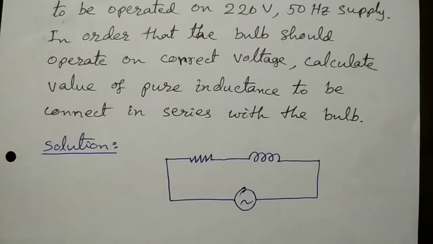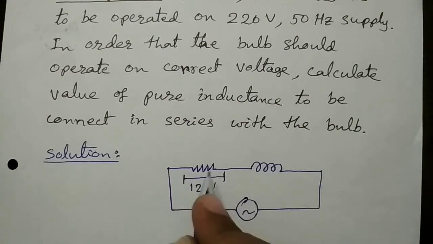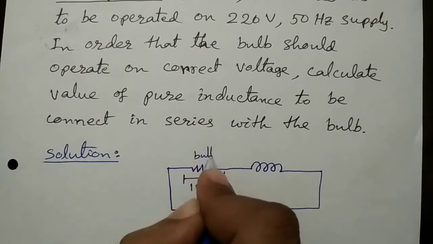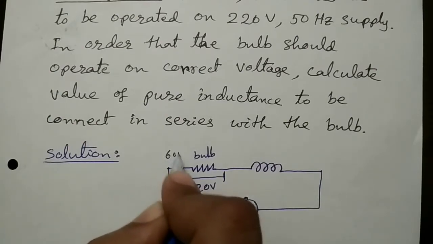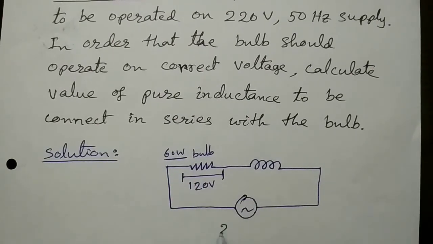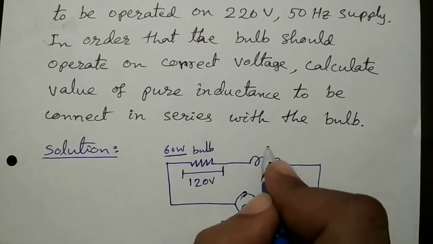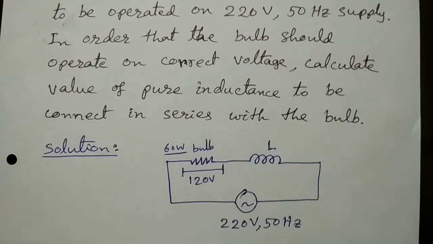So it will be the circuit diagram where the voltage across the bulb should be 120 volt. This is the bulb, and the power of the bulb is given as 60 watt. The supply voltage is 220 volt 50 Hz. So we have to find the value of inductance that should be connected in series with the bulb.